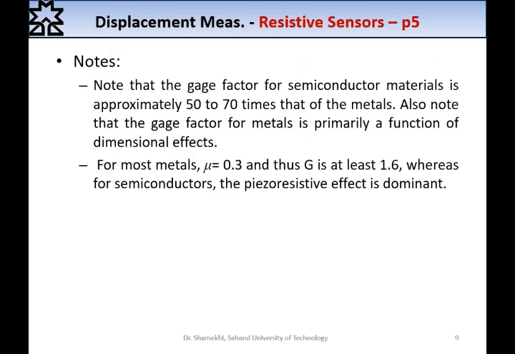Therefore, the gauge factor for the semiconductor materials is approximately 50 to 70 times that of the metal strain gauge.